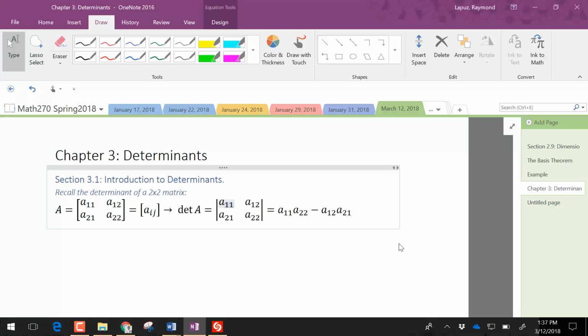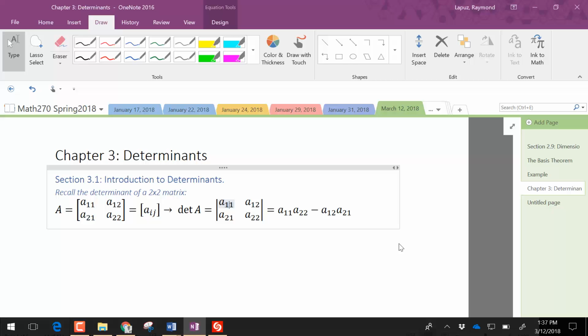So the determinant gives some sort of numerical, not numerical, but scalar, to be more precise, a scalar "measurement" of a matrix. The idea of a determinant works for square matrices.